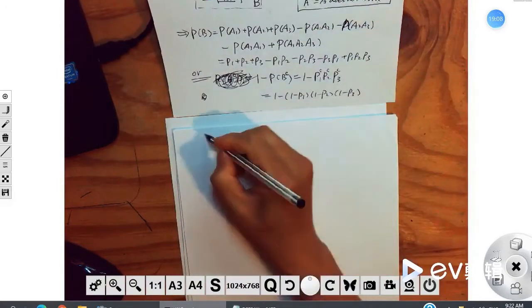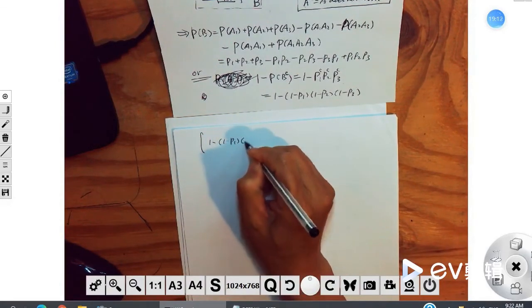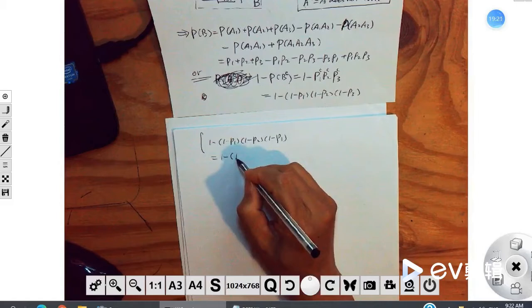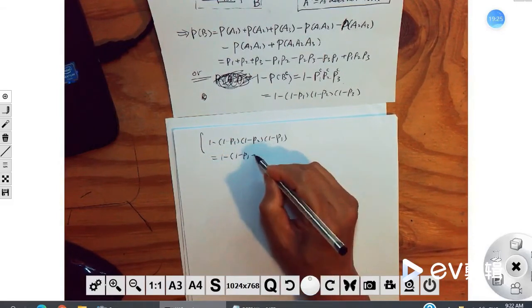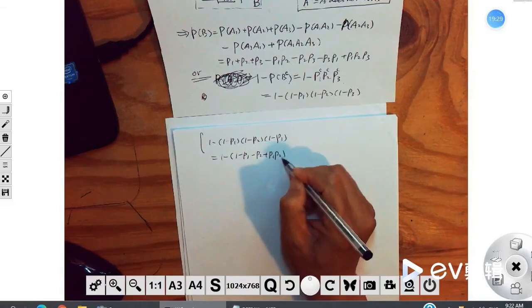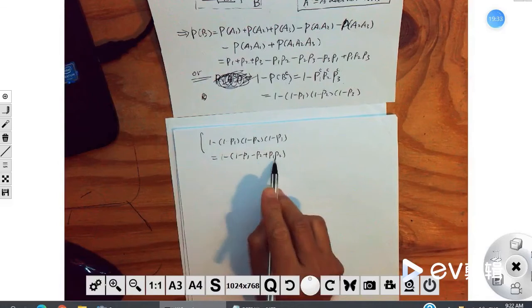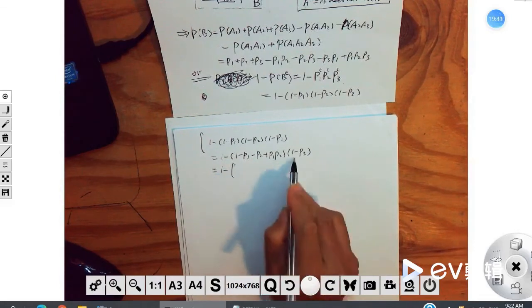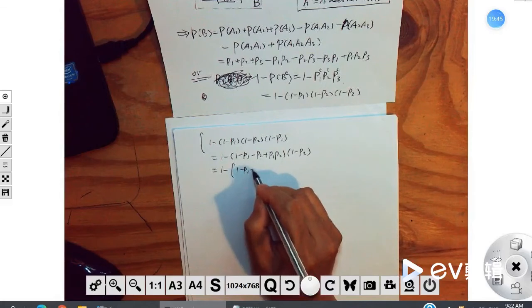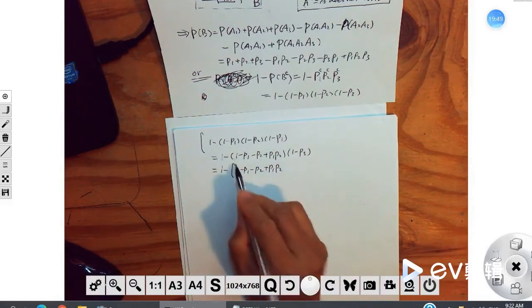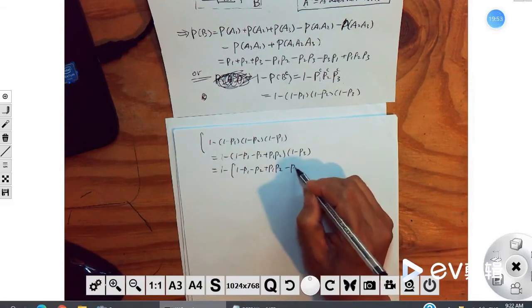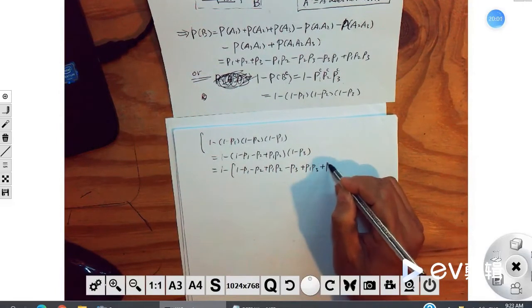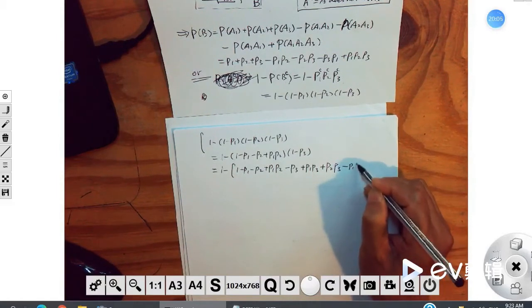Multiplying 1 minus P1 by 1 minus P2, I get 1 minus P1 minus P2 plus P1P2. Then times 1 minus P3: 1 minus P1 minus P2 plus P1P2, and the whole thing times negative P3, so negative P3, plus P1P3, plus P2P3, and negative P1P2P3.